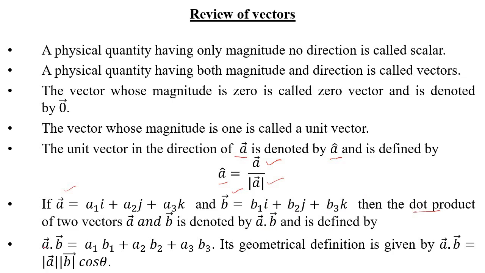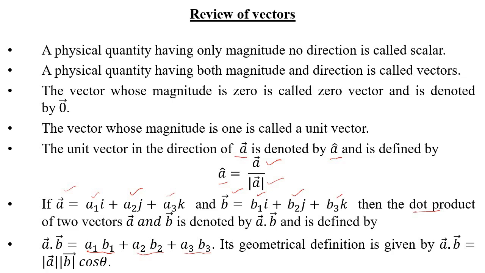Observe the definition here: a dot b is equal to the product of coefficients of the i component, that is a1 b1, plus the product of coefficients of the j component, that is a2 b2, plus the product of coefficients of the k component, that is a3 b3. So this gives the dot product of two vectors.